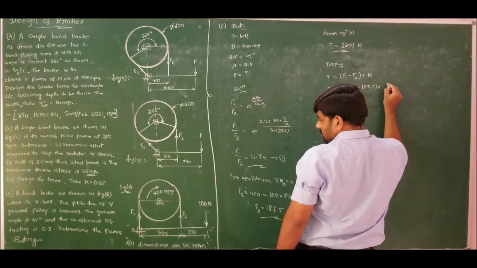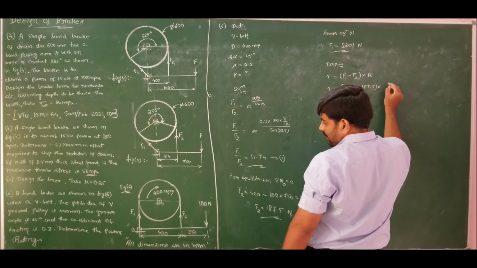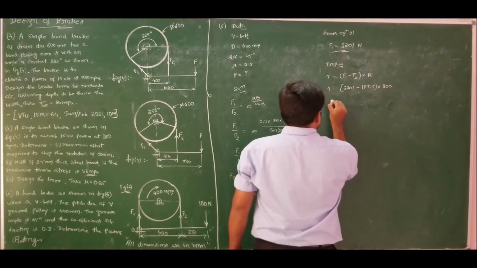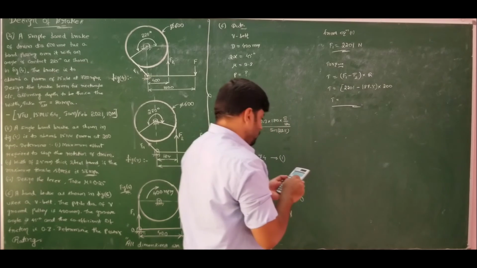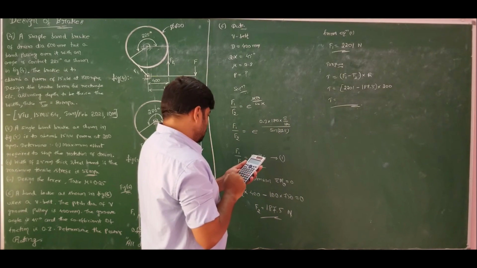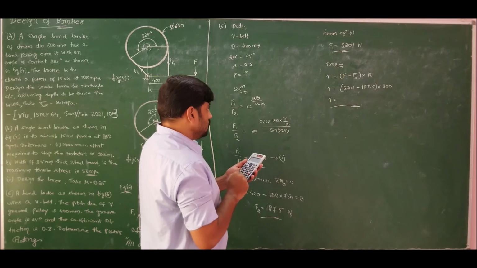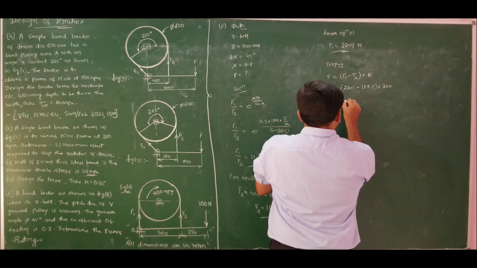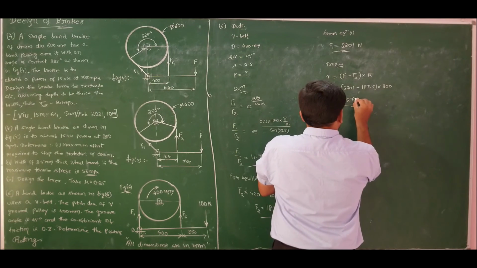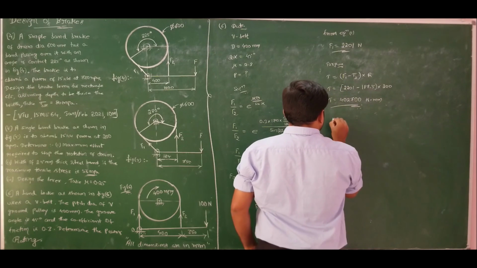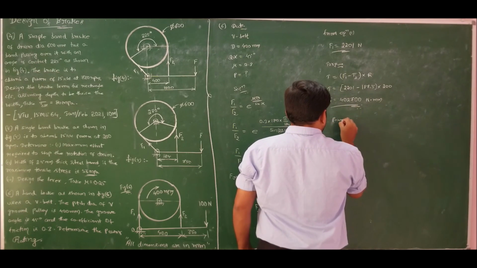Radius for this problem will be, diameter is 400, radius is 200. Hence the torque will be 2201 minus 187.5 into 200, which is turning out to be 402700 newton millimeters.